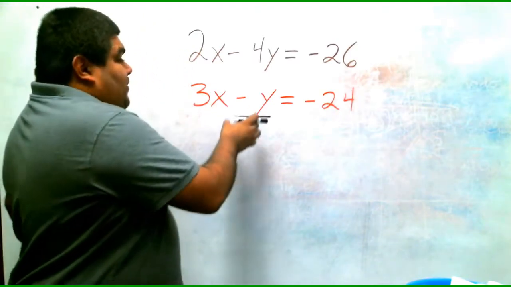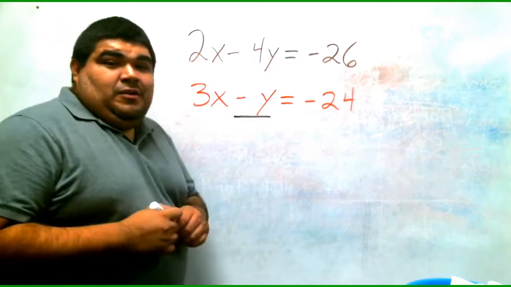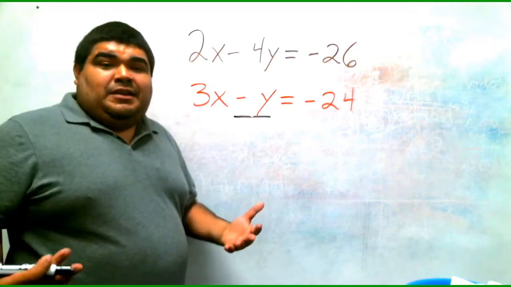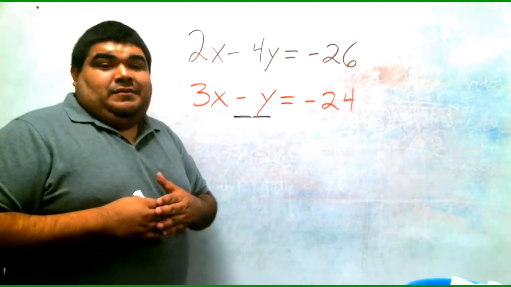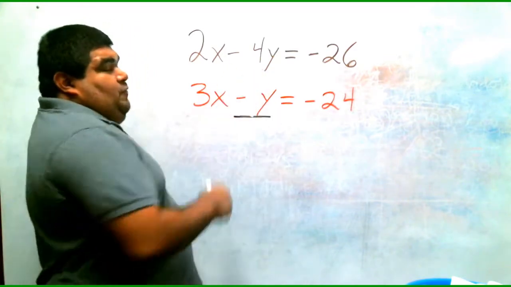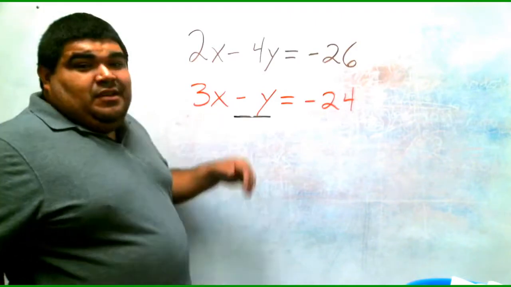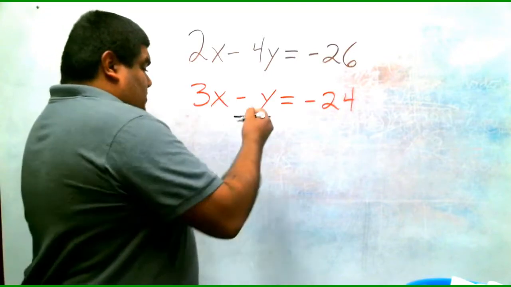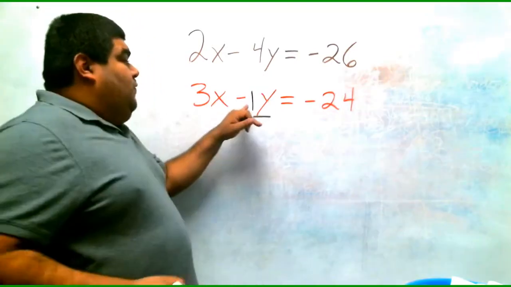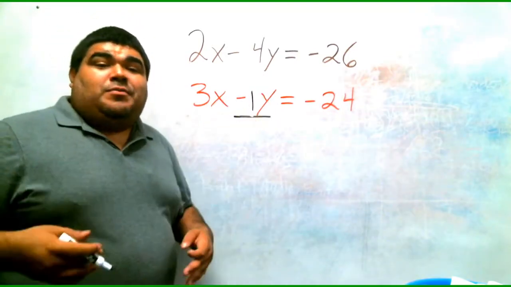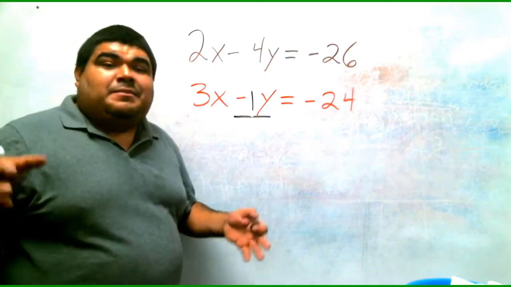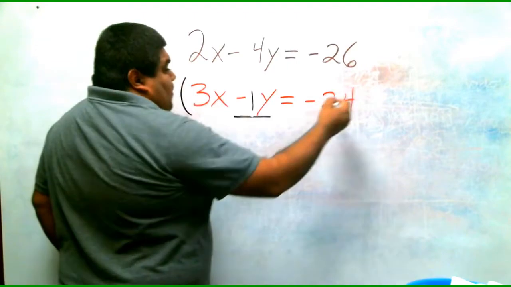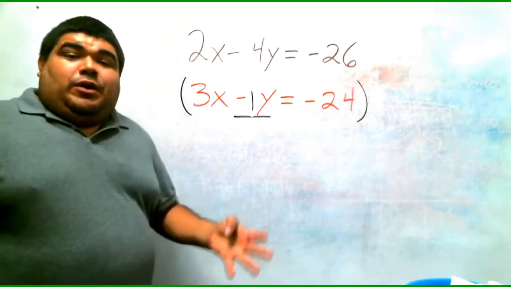In order to make this into a positive 4, notice it is already negative, so we have to multiply by something. Because remember, it's a negative 1, and negative 1 times negative 4 makes it positive 4, because the negatives make it positive. So we're going to alter the whole equation.